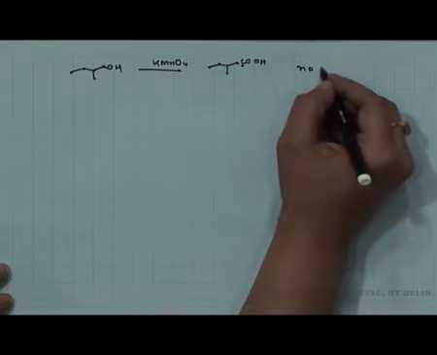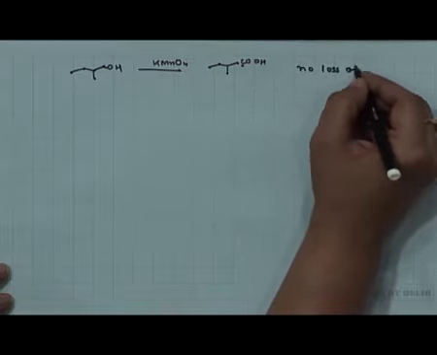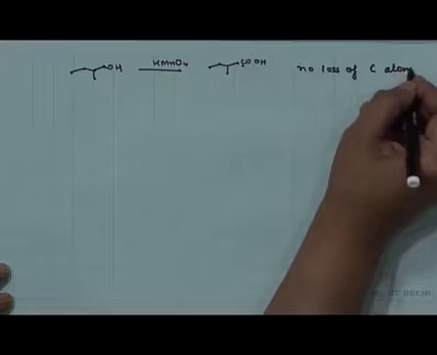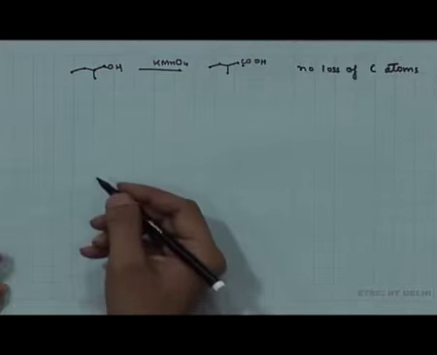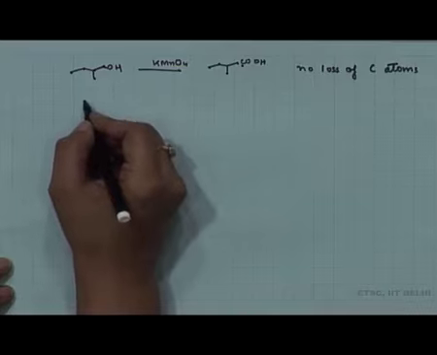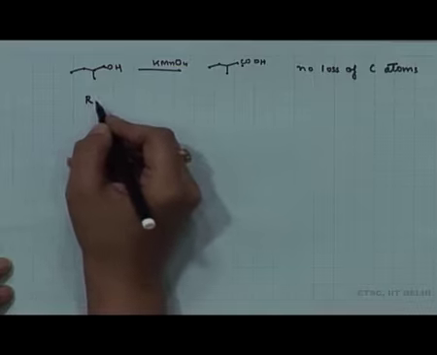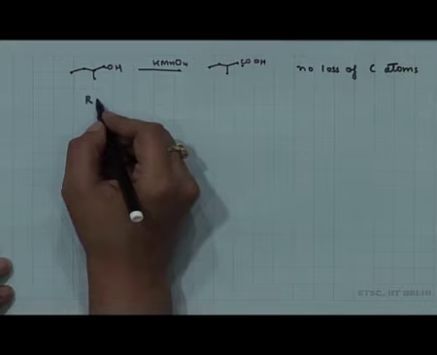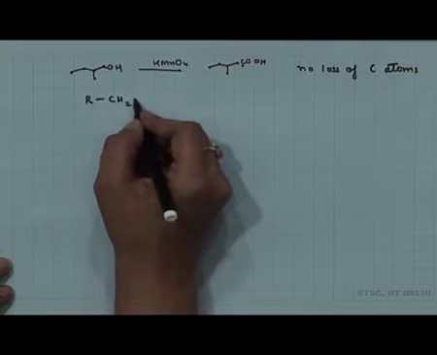That means there is no loss of carbon atoms when you are carrying out the oxidation of an alcohol till the acid. And another important feature of the KMnO4 oxidation is the change in the color, which is also used as a test to see if the oxidizable functionality is present in the molecule.